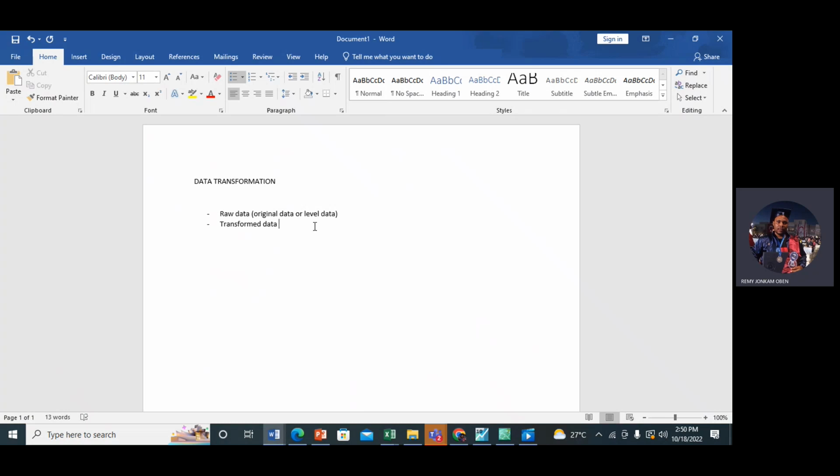And there are many ways to transform this data. We can do logarithmic transformation, or you can say log transformation, we can get the first differences, and we can get the lagged form of the data.